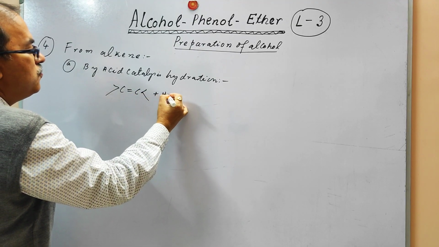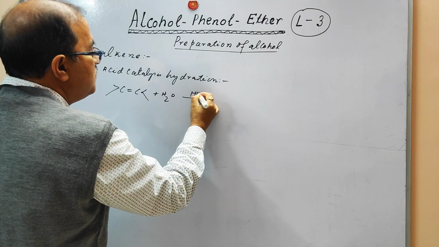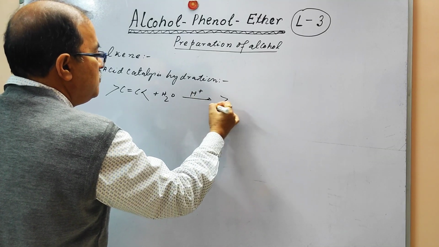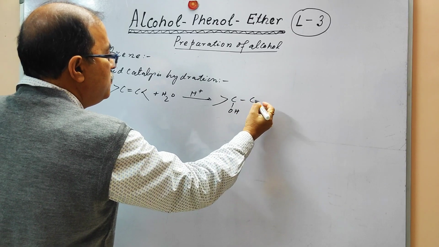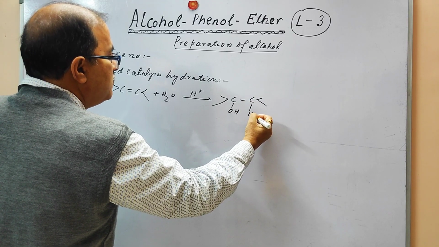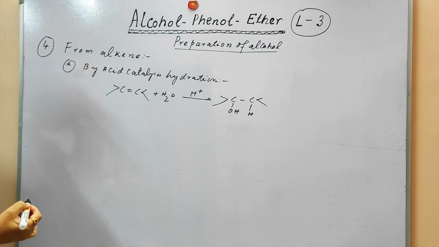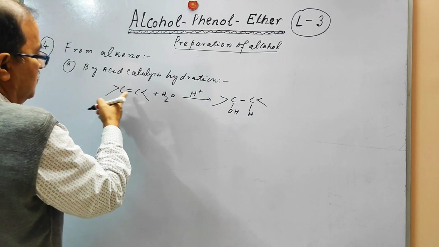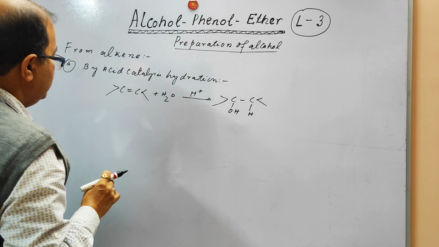When it reacts with H2O in the presence of H plus, it is basically an addition reaction, and we observe that H plus ion and OH minus ion are added to this alkene, where a carbon-carbon double bond is present.